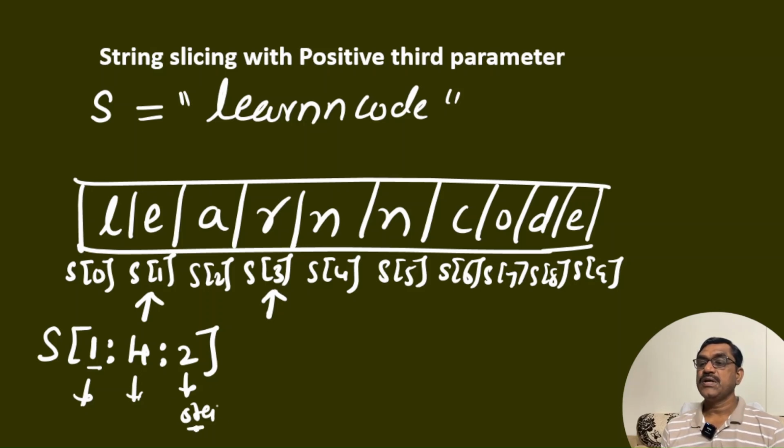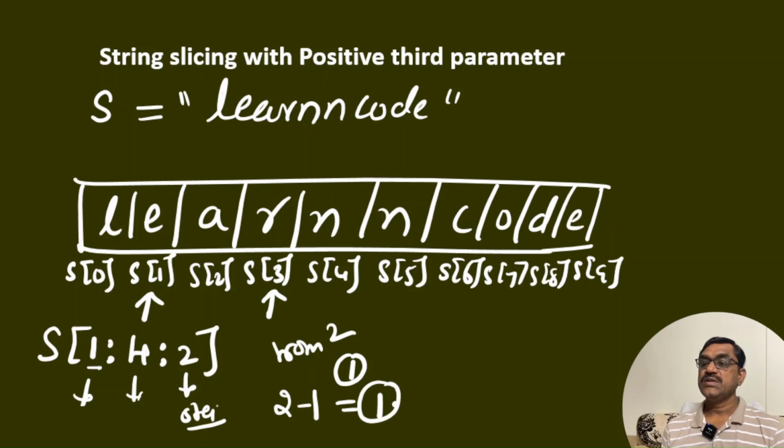Now the third parameter is the step value. When we use the positive parameter here 2, first what you have to do is subtract 1 from 2. That means 2 minus 1, we are going to get 1. What is meant by this 1? The number of characters we are going to skip while reading from S of 1 to S of 3 is 1.